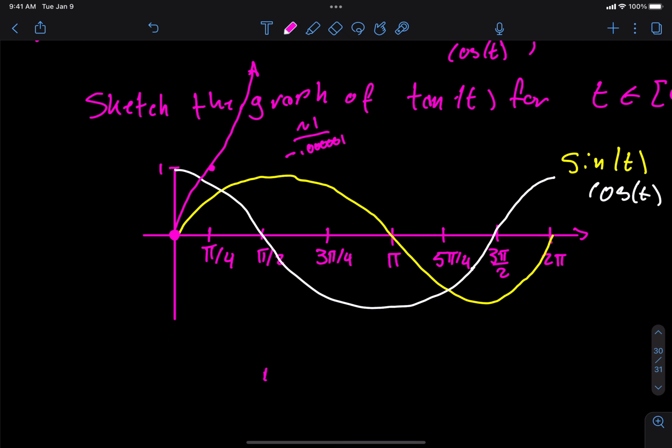So what's going to happen? Again, we're going to come like this. 3 pi over 4 will be here. And then at pi will be here. And then as we go up to 3 pi over 2, we're going to get another asymptote. Okay, and then finally something like this.